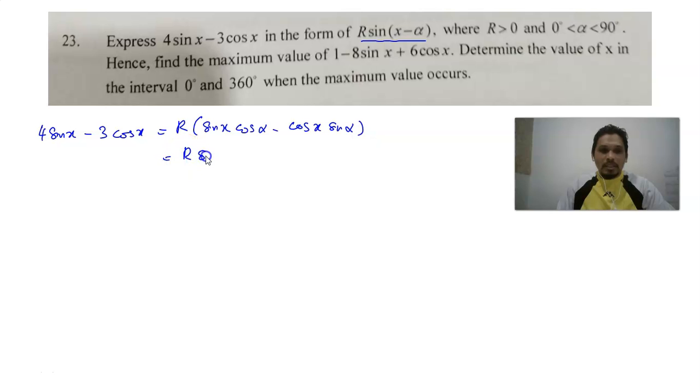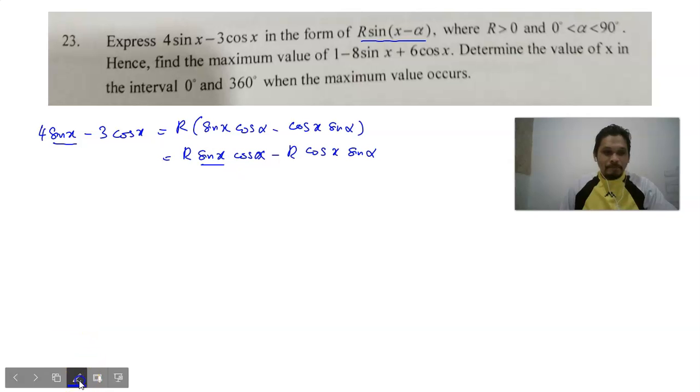Then it is r sine x cos alpha minus r cos x sine alpha. Okay, let's compare between this sine x and sine x, and also 3 cos x with cos x.